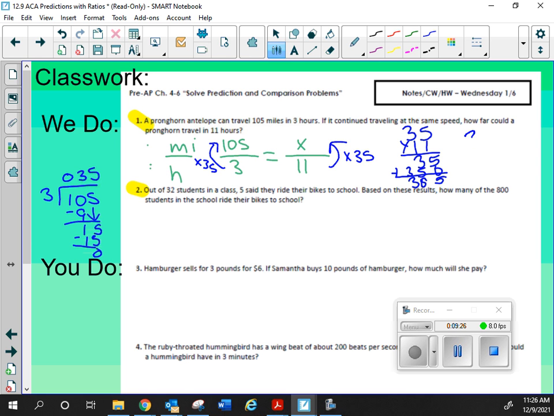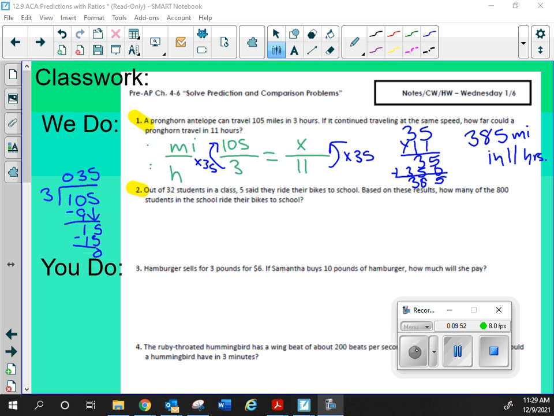So that would be 385 what? Miles. Miles per hour? No, it's not miles per hour. What is it talking about? Thank you, Rory. Sorry about that. 385 miles in 11 hours. Very good.